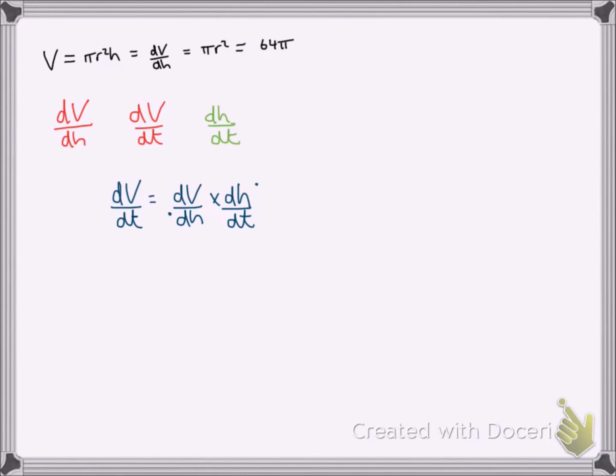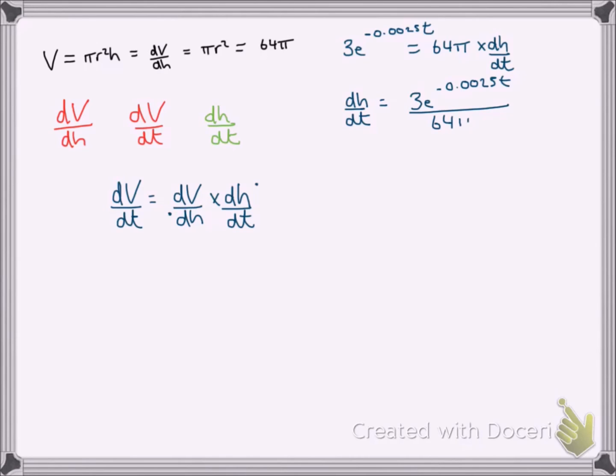So let's plug in what we know from this. So 3e to the negative 0.0025t equals dV by dH, 64 pi, times by dH dt. Now simple rearrangement of this equation will get you dH by dt. dH by dt equals 3e to the negative 0.0025t all over 64 pi.